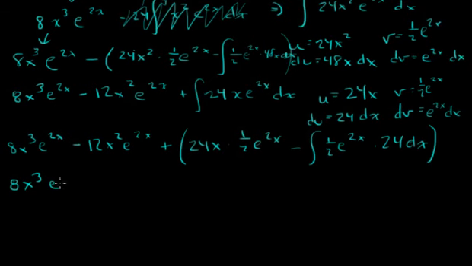I don't want to run out of time, so I'm writing it quickly, sorry. 24 divided by 2 is 12. All I'm doing is just simplifying this a little bit.